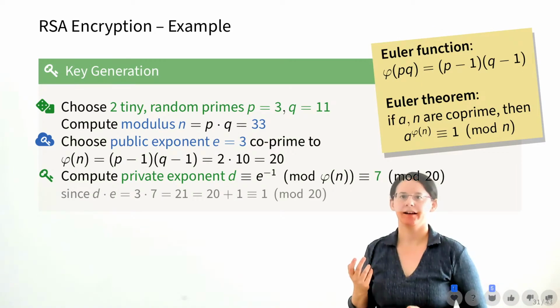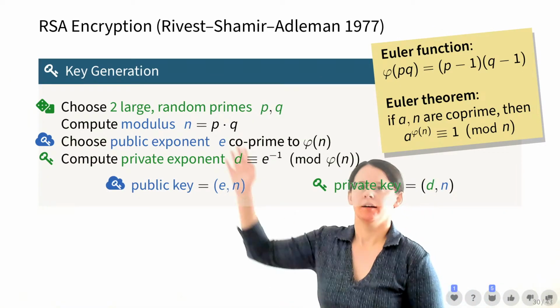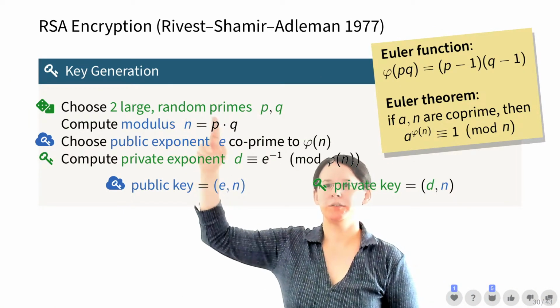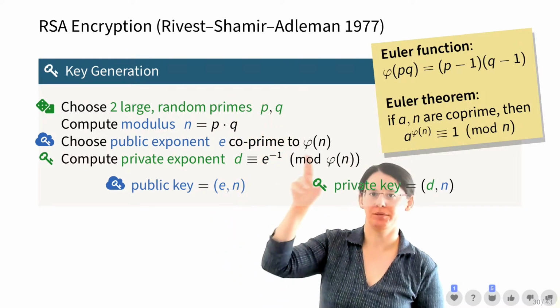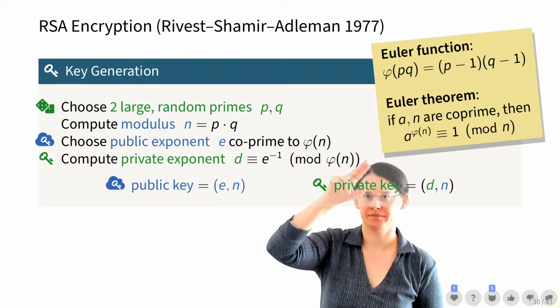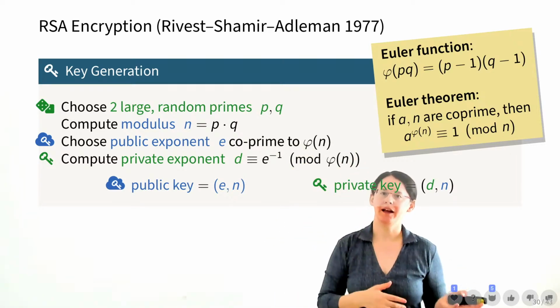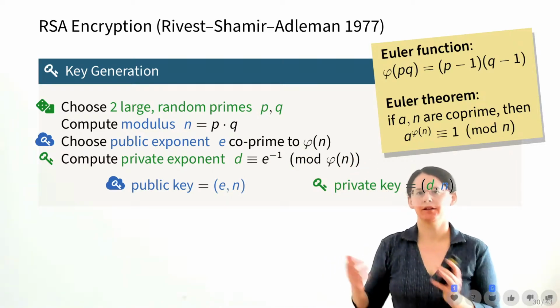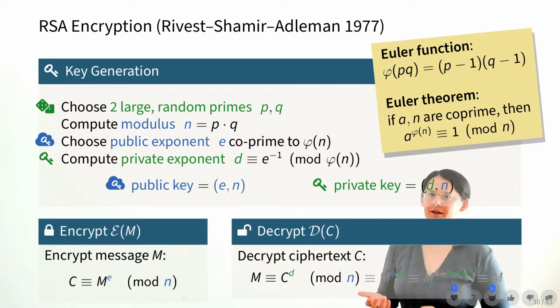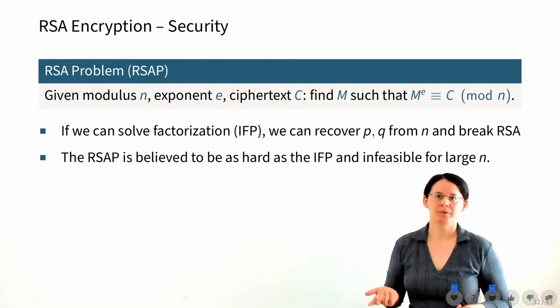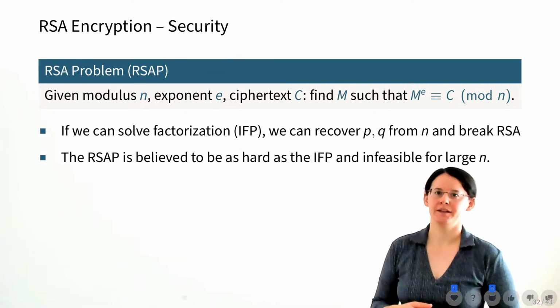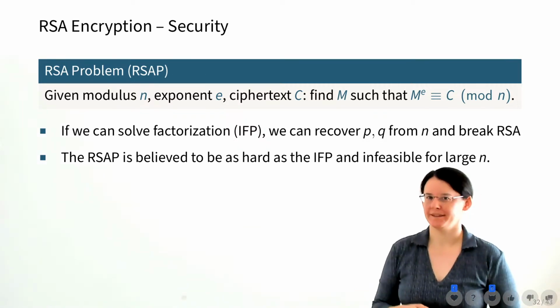So if an attacker can factor, they can go back from this public value to these private values, and this means they can also compute this private value here. So being able to factor N would mean breaking the RSA problem for this particular number. We believe that this RSA problem is as hard as factoring. We don't know exactly.